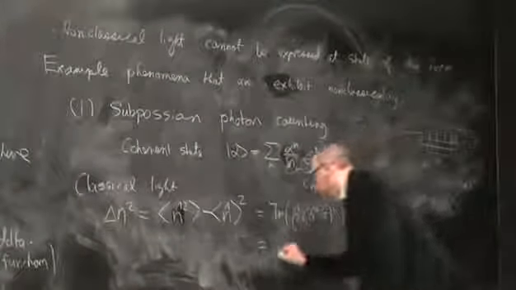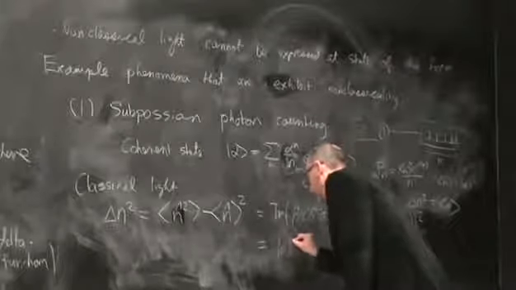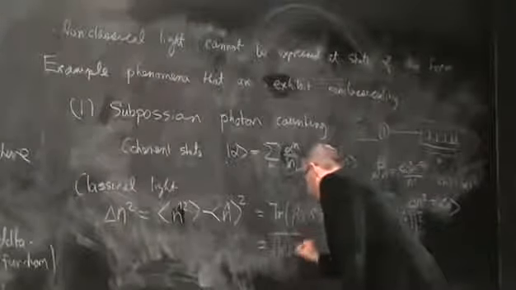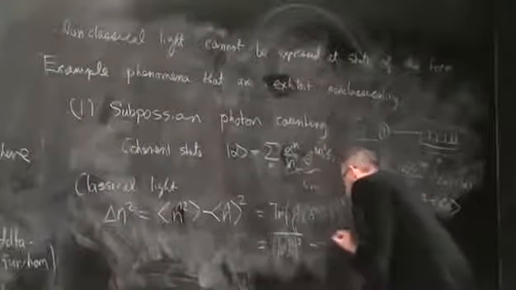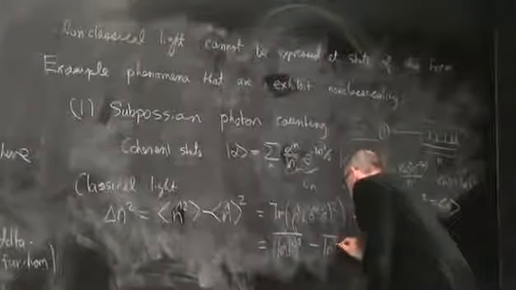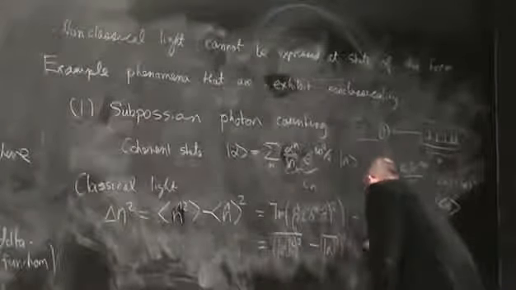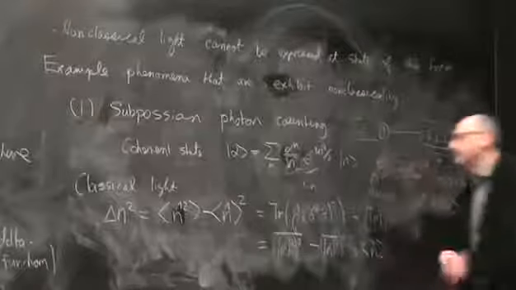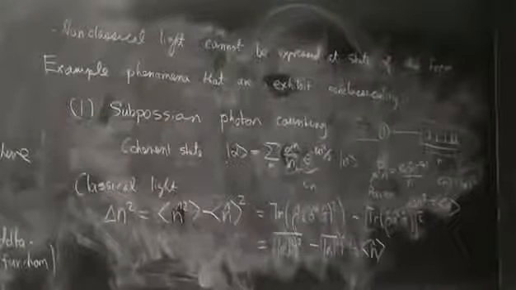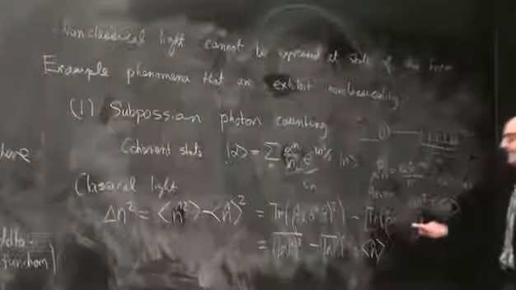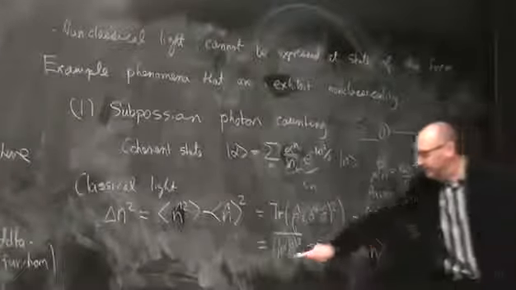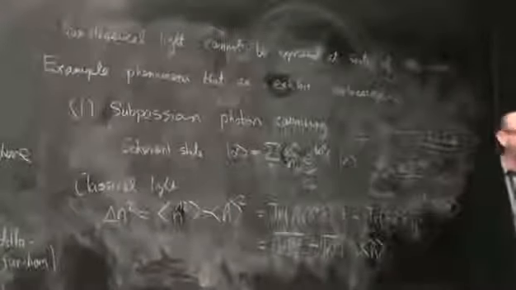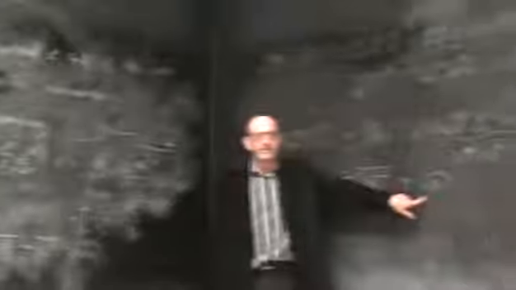So this is equal to the average of alpha squared, minus the mean of alpha squared quantity squared, plus the average of n. This term is the first thing here, and then I have that last thing.